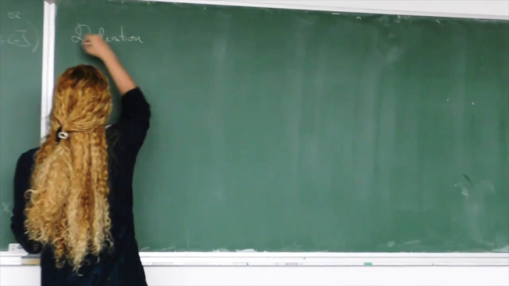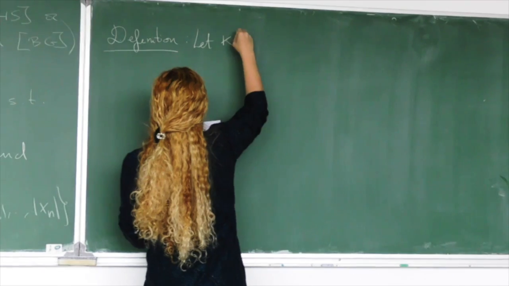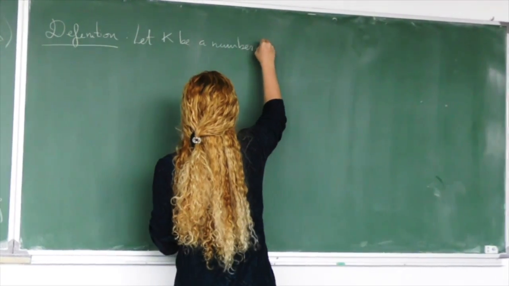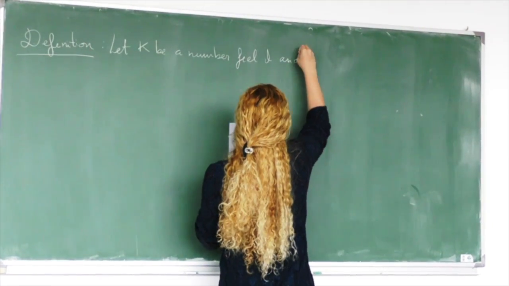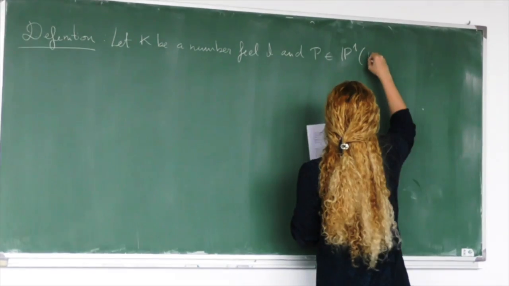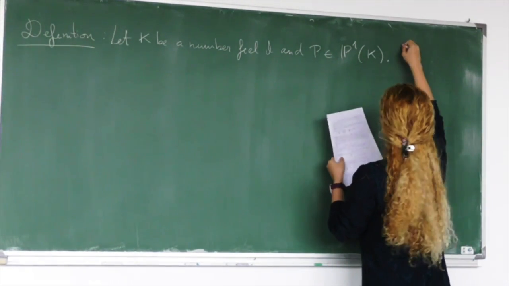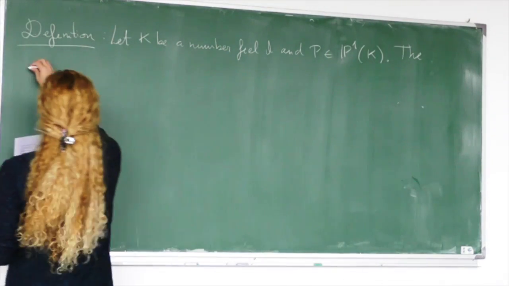Definition. Let K be a number field and P a point in the projective space with coordinates in the field. Then I'm going to define two heights.